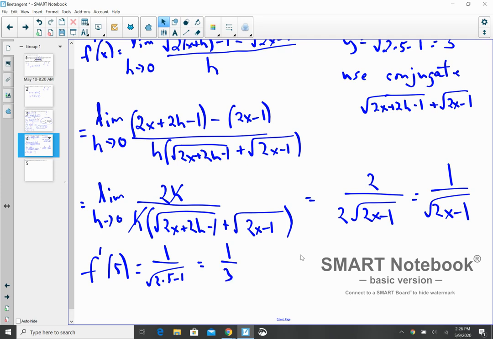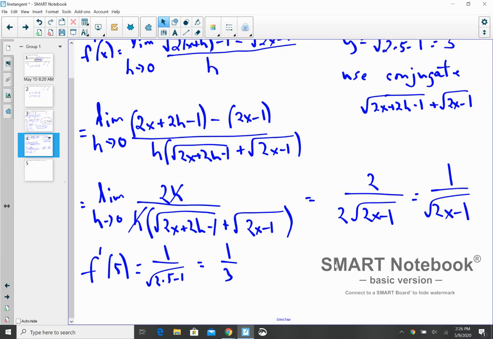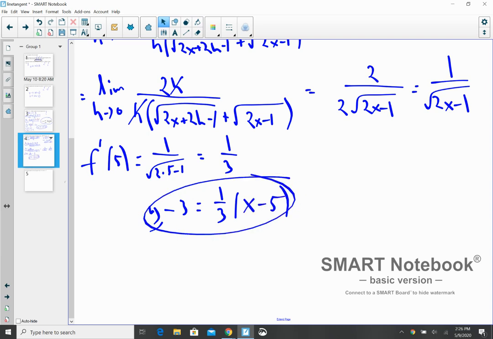Now that's a slope. Now let's put everything in. What were the other numbers? The y value was 3, the x value was 5. So then, let's see here. Y minus 3 equals 1/3 x minus 5. There it is, equation number 1.